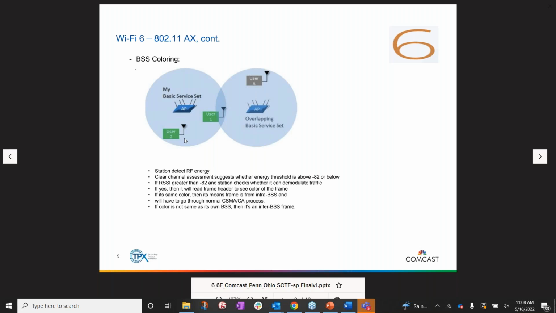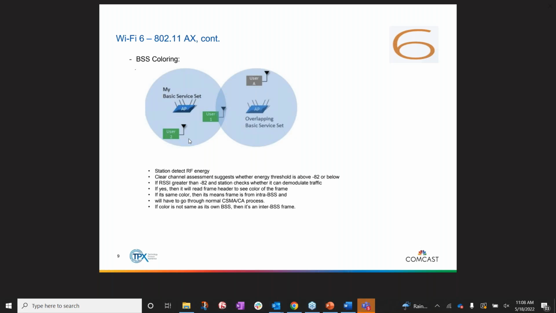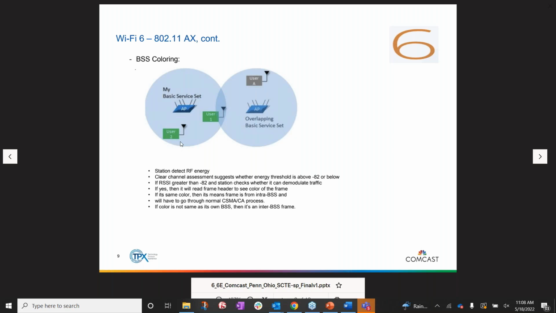That means they are in an overlapping BSS. So when these 2 clients want to send data, since they are too far, the energy threshold may not be detected as interference, and they try to send a packet. However, at the receiver side, it may fail because of this collision.